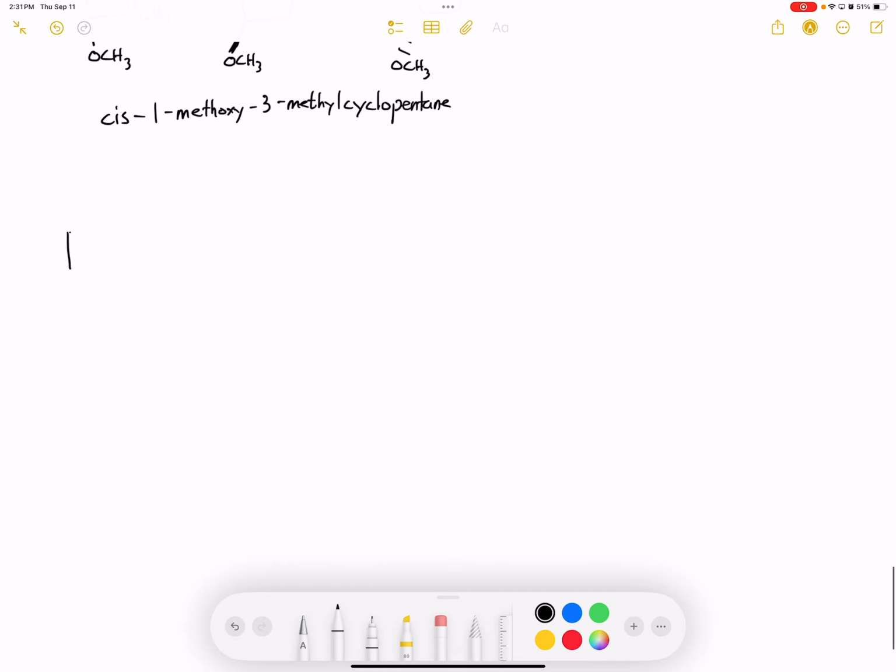2 more examples. So, if you have 3 different substituents on your parent chain here, all right, so there's 3 different substituents on 3 different carbon atoms. You can't do that.